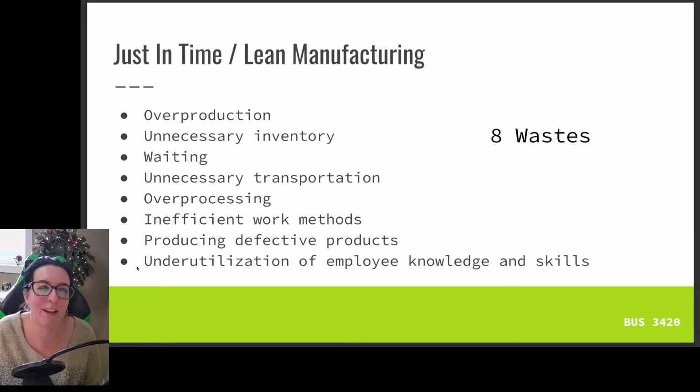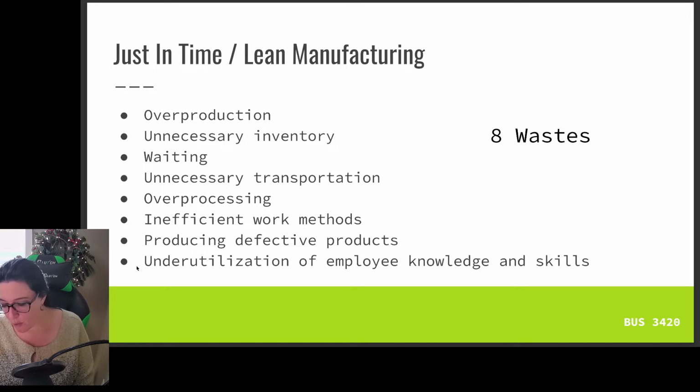So we want to have more efficient work methods in moving the materials and also in that process flow diagram. Is it possible that we can take out steps in the process flow diagram and just keep the ones that have value added? So rather than doing things multiple times, can we streamline the process? We also don't want to have over-processing.